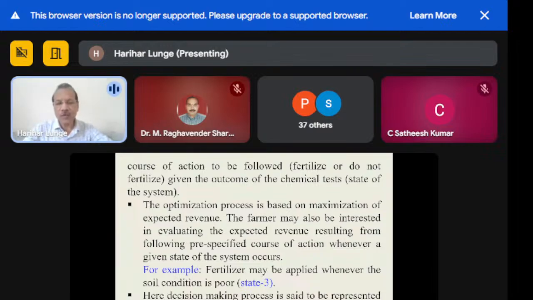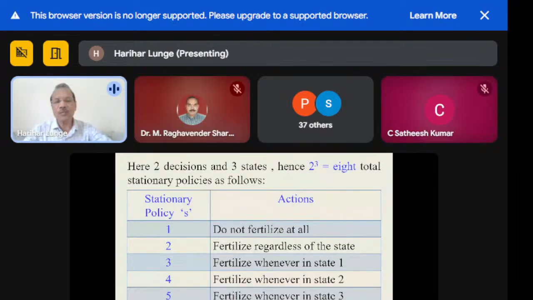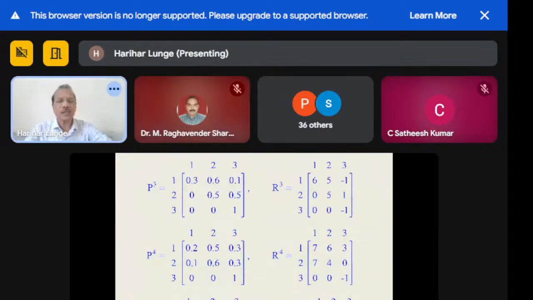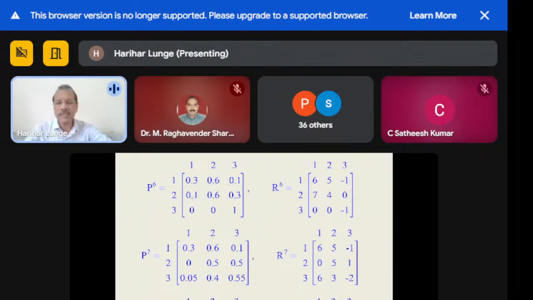So using P1, P2, R1, R2 and these stationary policies 3, 4, 5, 6, 7, 8, we obtain the transition matrices P3, P4, P5, P6, P7, P8 and similarly R3, R4, R5, R6, R7, R8.